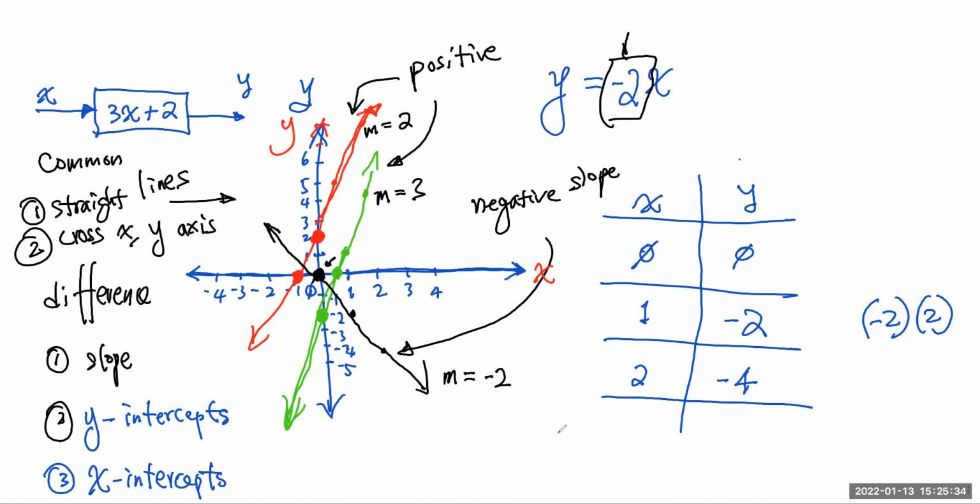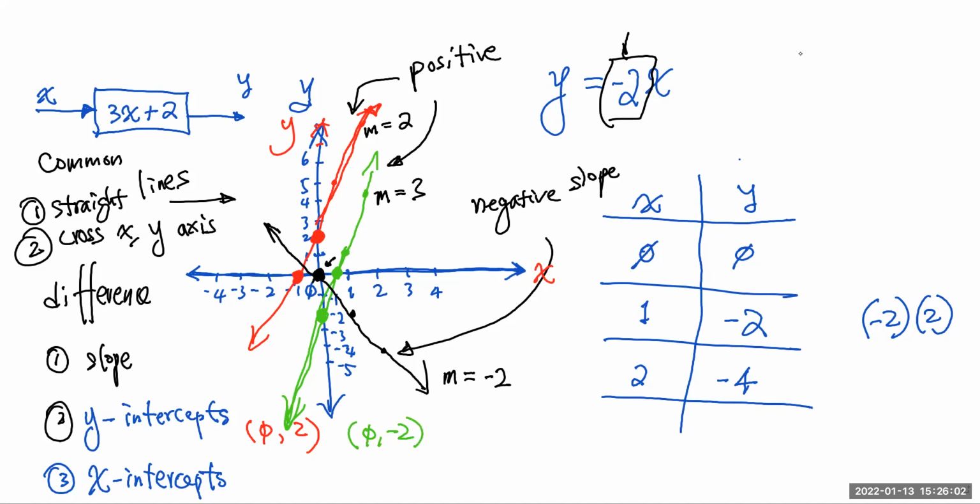So you can see that their y-intercept points are different. For the red line it is 0, 2. For the green line it is 0, -2, right?